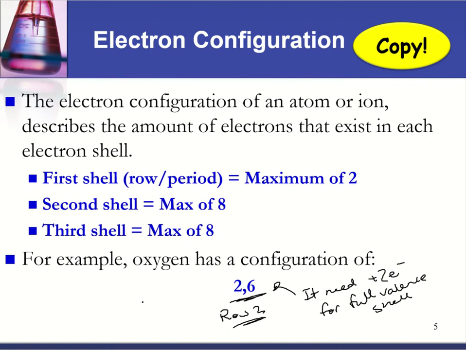What that can also mean is it's going to be reactive. It's going to try and react with something to make itself form into a stable compound. At least that's what it's hoping to do.